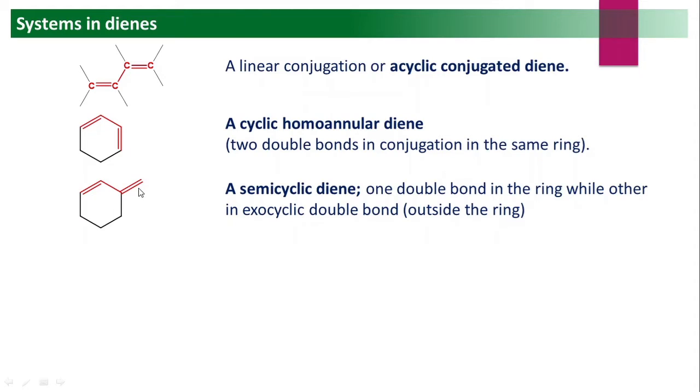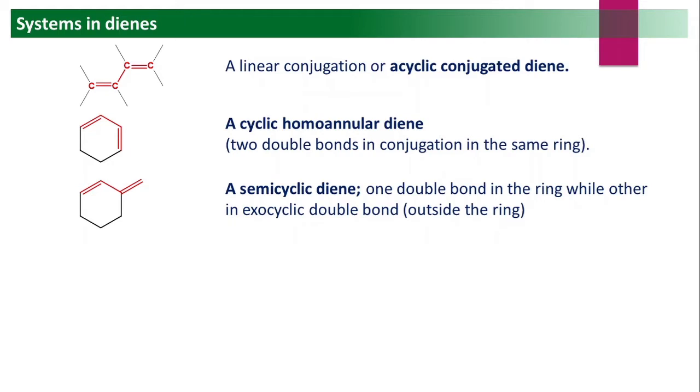In this case, the bond which is outside of the ring is called an exocyclic double bond. An exocyclic double bond is outside of the ring, but one carbon is shared between the ring and the double bond; only then is it called exocyclic.